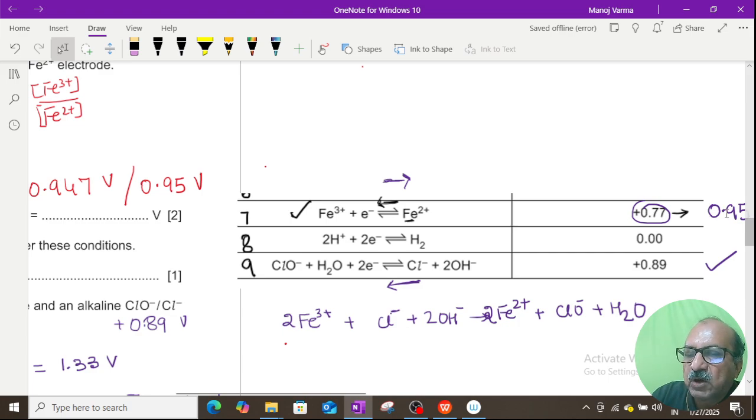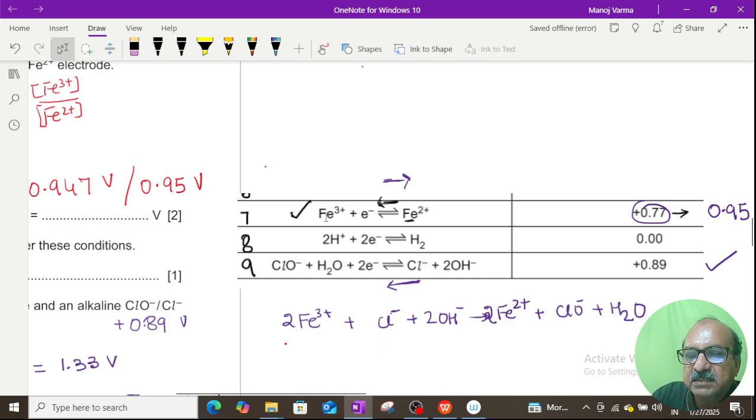So this is what you have to consider. The other electrode potential of this electrode is 0.89. This being higher will be the oxidizing agent, so this will be gaining electrons and this will be losing electrons. So if you do that, this will be reversed, and this will be as it is.